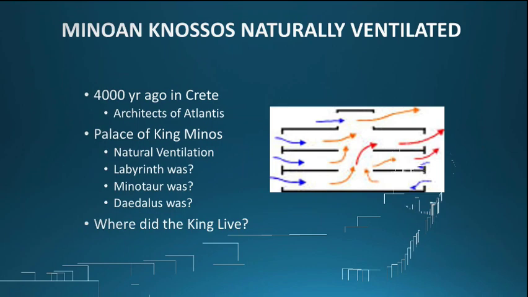In this corner right here, I'm not quite sure why these traces are showing up, but sorry about that, is actually where the king's chamber was, because it is the most well-ventilated space in the entire palace. The queen's chamber was right above that, so she could look down the middle atrium and sniff to figure out what was going on. And the other public spaces were up on the top.